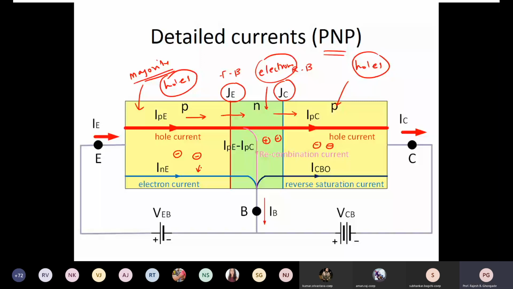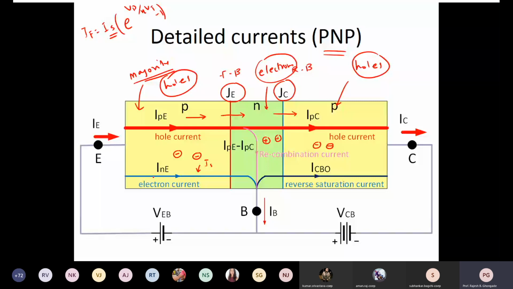You see the equation was IF is equal to IS into e to the power Vd by eta Vt, minus 1, of course, in case of the diode. So this IS is always going to be there. So this actually is the IS. This is not only consisting of the whole current, it is having some small electron current also, very small, as compared to this. That is the reason why I've shown this very thick and this very thin.